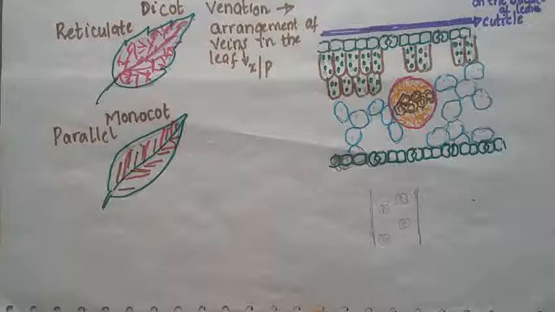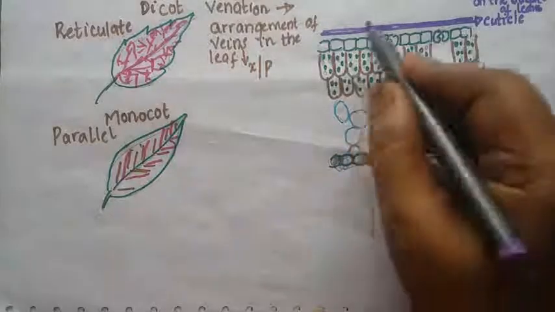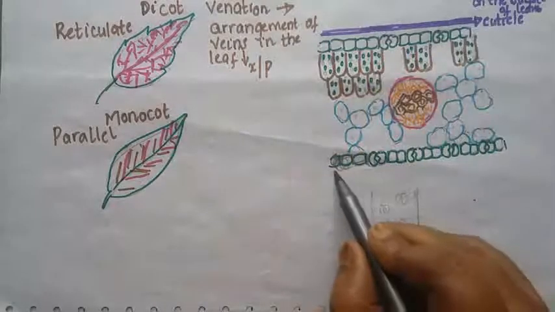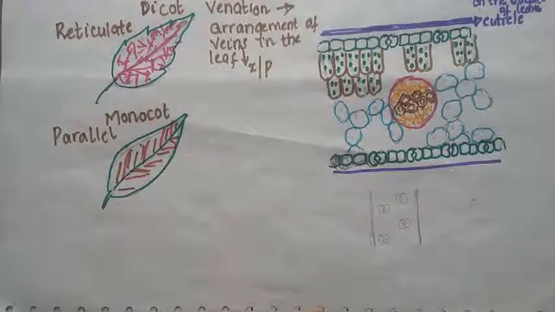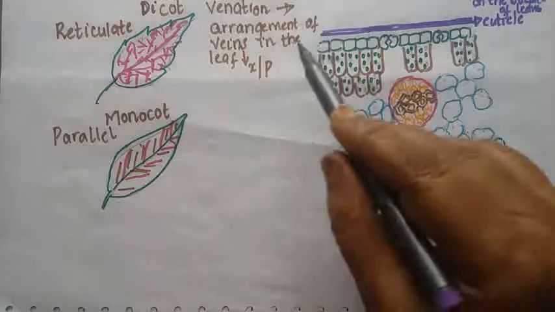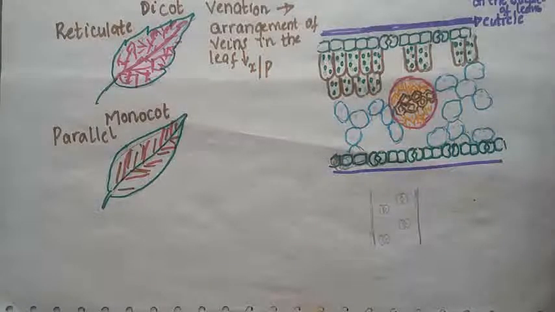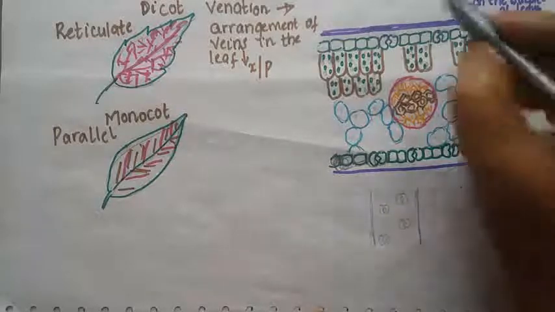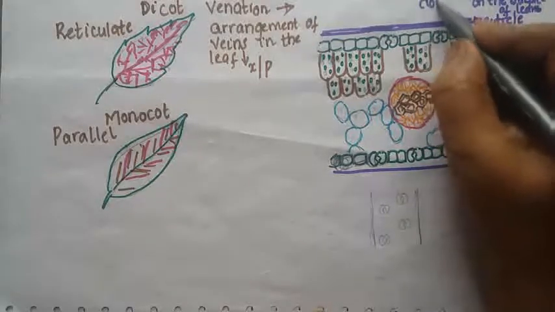We may find this cuticle both on the upper surface of the leaf or on the lower surface of the leaf. So what is the location of the cuticle? Cuticle is found on the dorsal surface of the leaf or on the ventral surface of the leaf. What is the meaning of a dorsal surface?